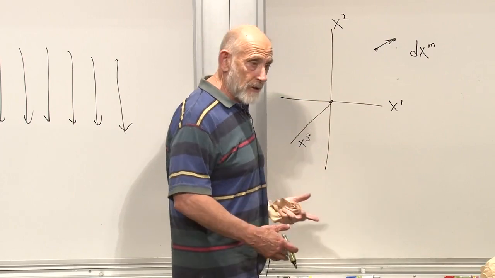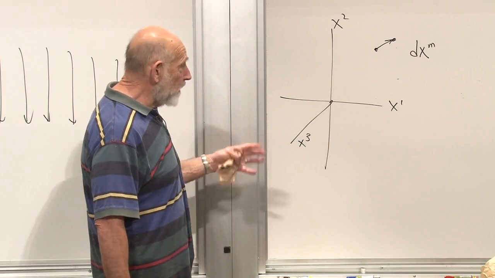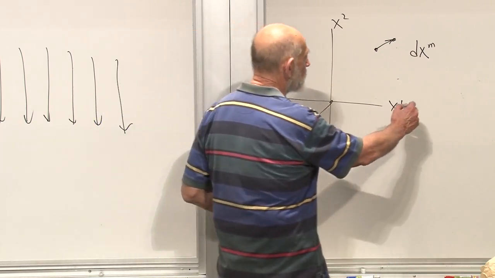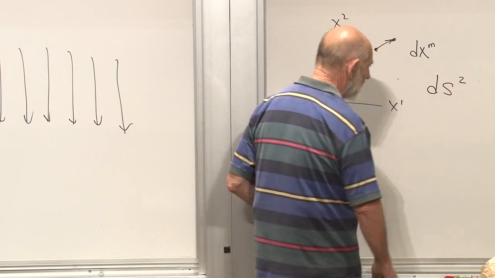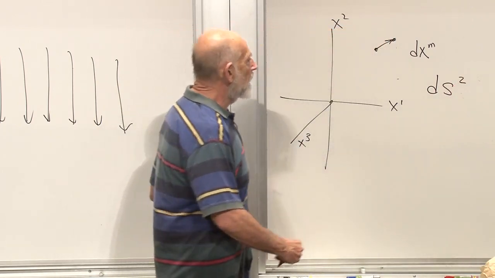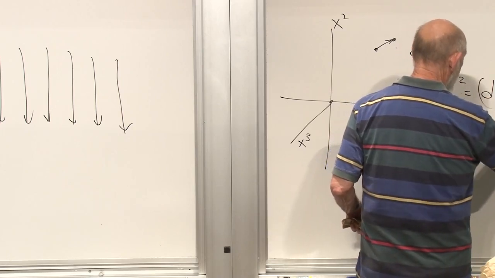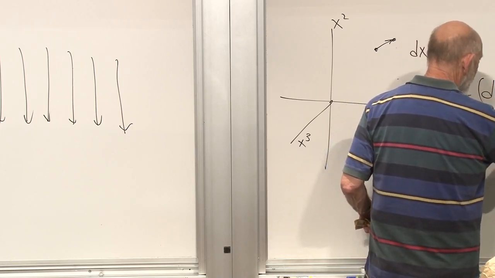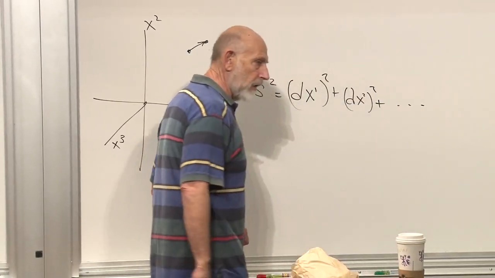And we all know it. It's just Pythagoras' theorem. In any number of dimensions, it's the same. The square of the distance, and let's call it s now, the square of the spatial distance between those 2 points is just equal to dx1 squared plus dx2 squared plus ... however many there are.